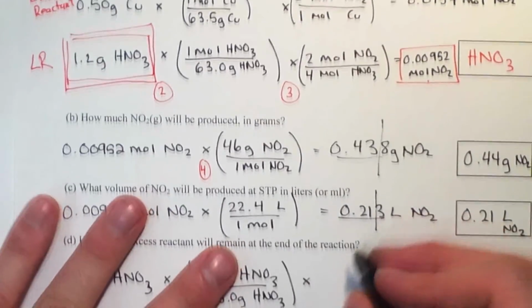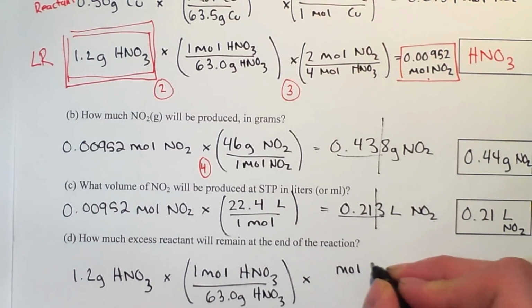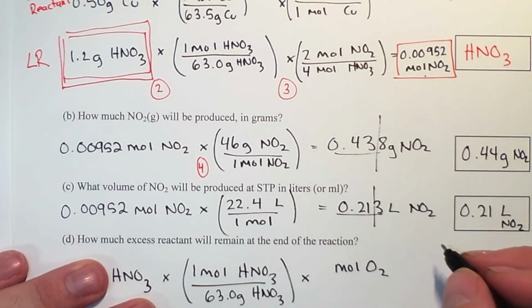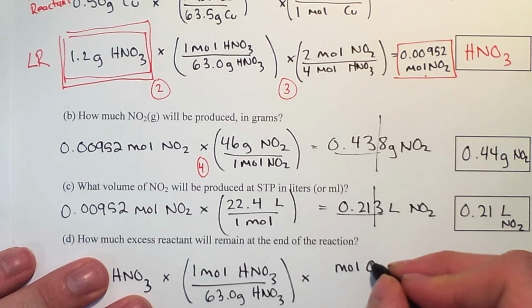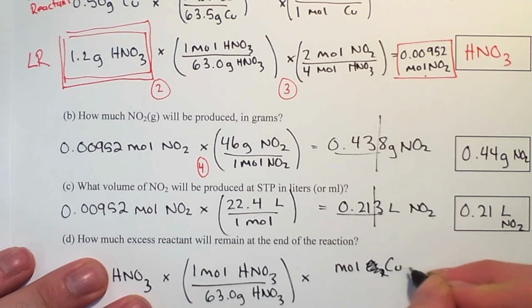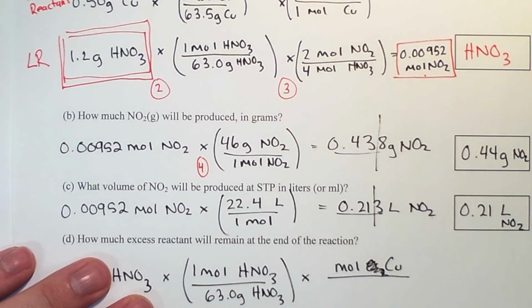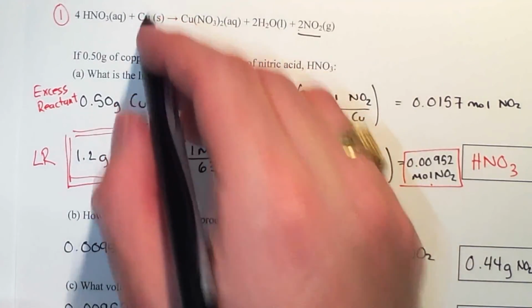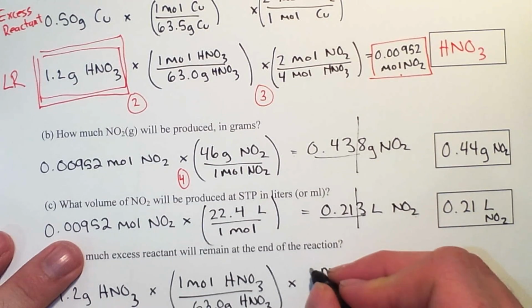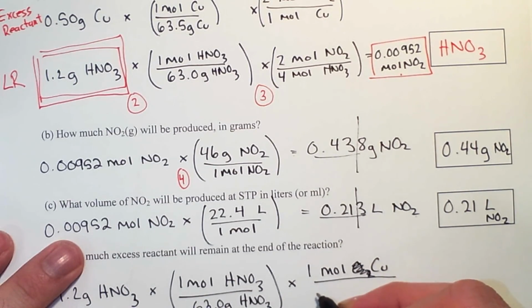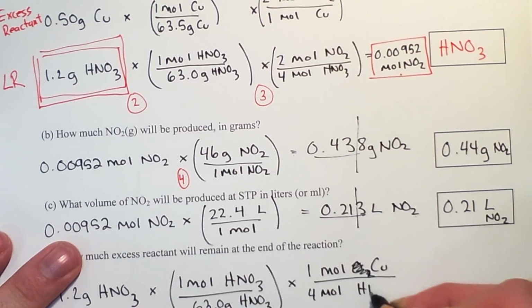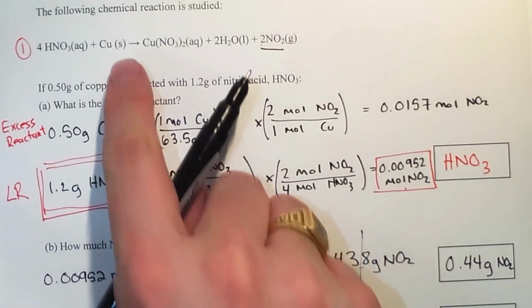I want to go to moles of copper. And the number of moles of copper is 1 for every 4 moles of HNO3.